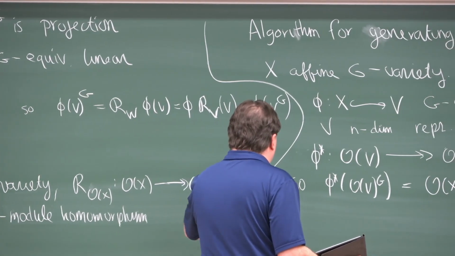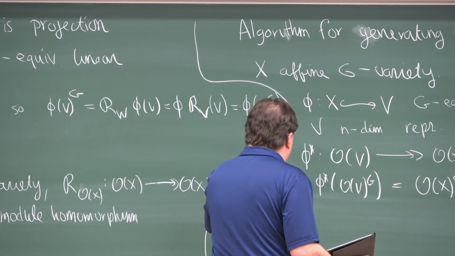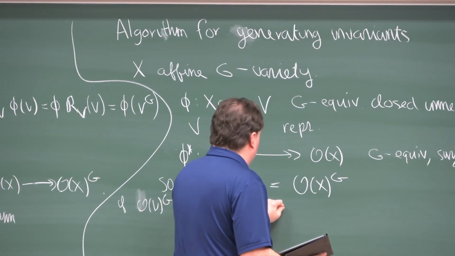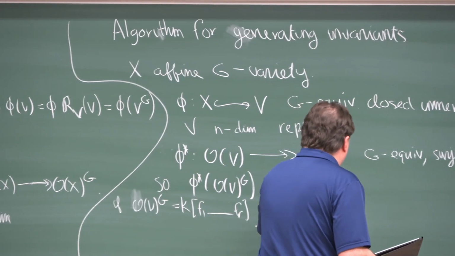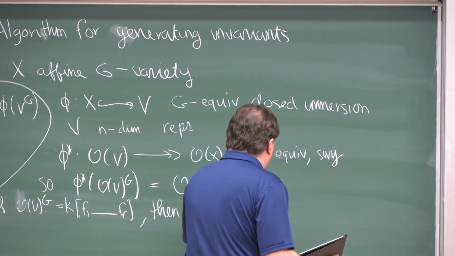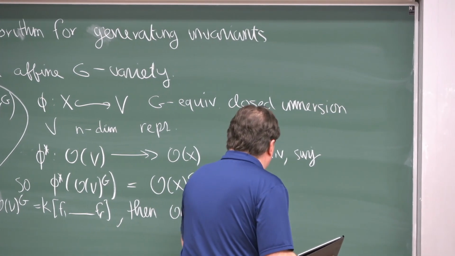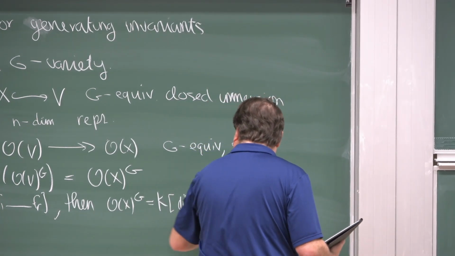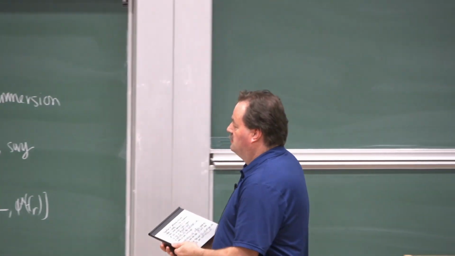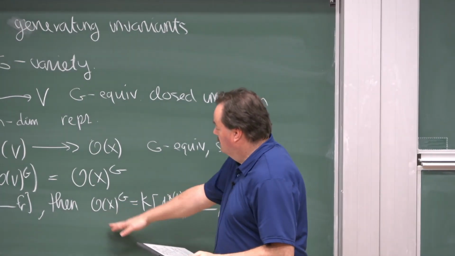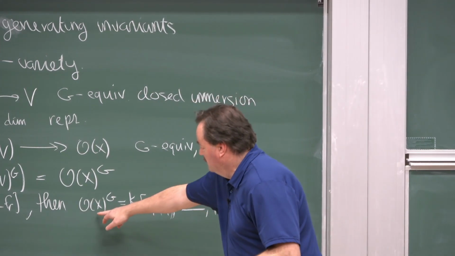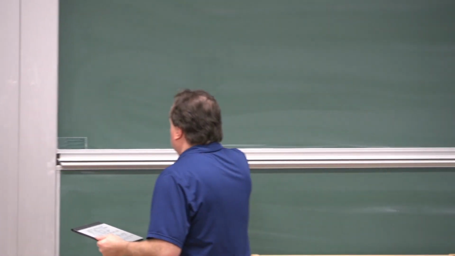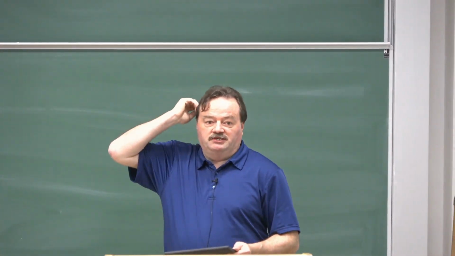So if O(V)^G is generated by F1 up to Fr, then the invariant ring for X is generated by applying this algebra homomorphism to these generators. So we can reduce the problem of finding generators for this algebra to the problem of finding generators for that algebra. Okay, so we reduce to the case of a representation.